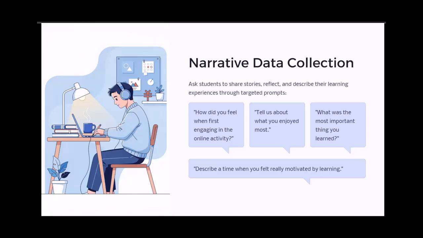Tell us about a time where you felt really motivated. What's the most important thing you learned from the course and why? Maybe we're looking at things like feedback and how it makes the student feel, what language the teacher used, why they were motivated and so on. So it allows you to get a little bit more background about the student's story, to allow you to get a more holistic picture of the impact of the digital pedagogies.